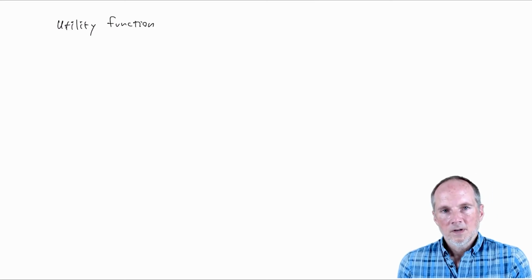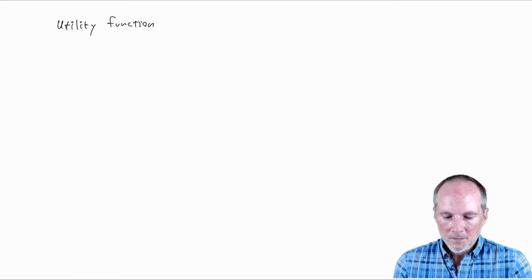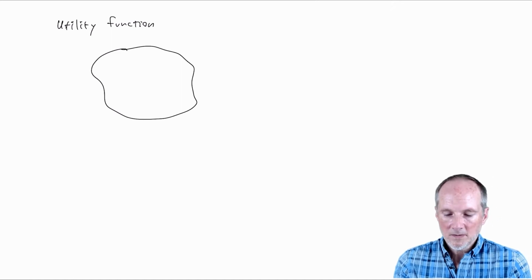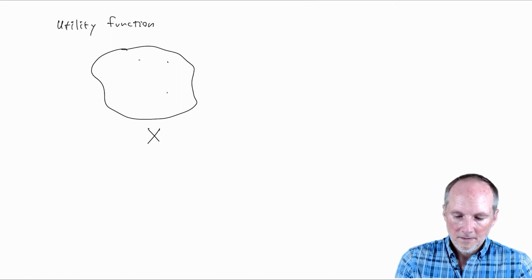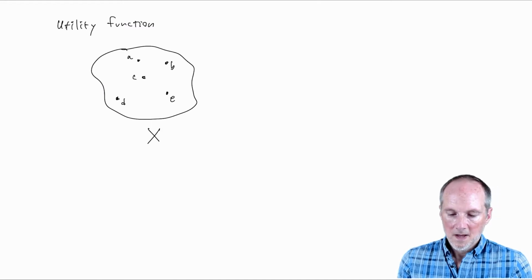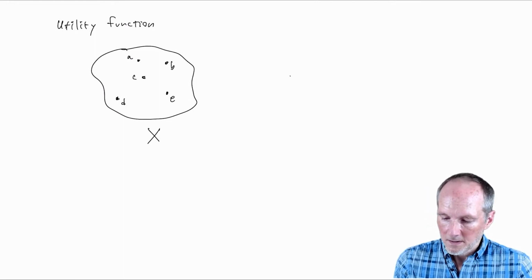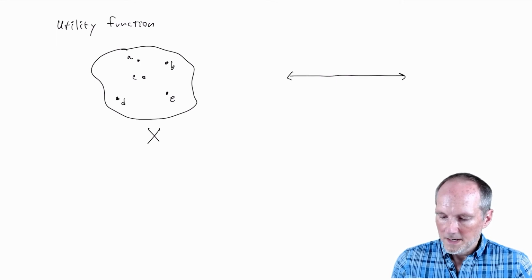Let me build on this a little bit and describe the idea of a utility function. A utility function is going to basically assign a number to each alternative in our set X. If we have 5 alternatives, maybe that's A, B, C, D, and E, we're just going to assign a number to each alternative.